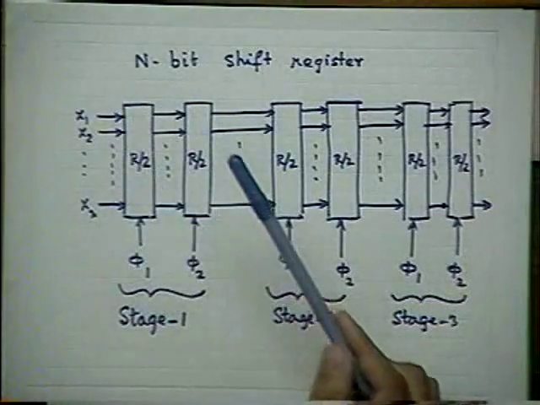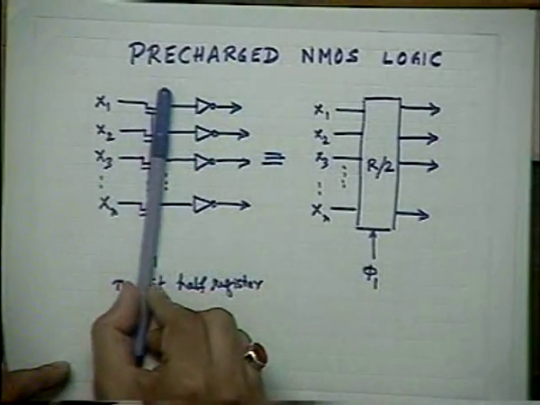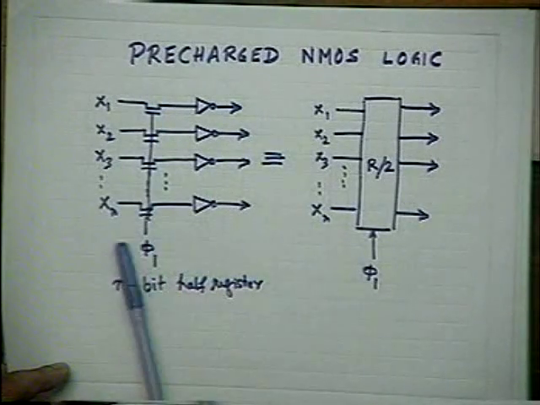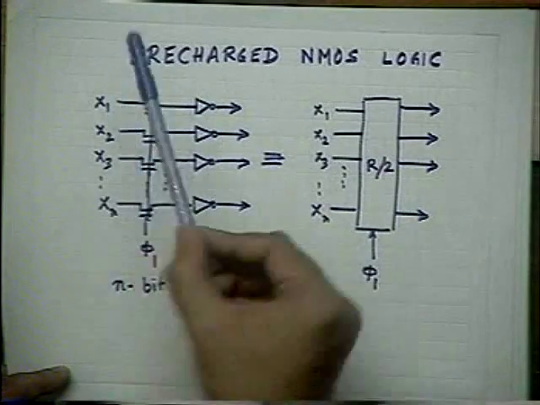For example, all the switches which are to be placed here can be placed one after another, and we have a single polysilicon rail for the application of Phi 1. I have a chain of inverters or pair transistors, pair MOSFETs, and inside this there is nothing special.